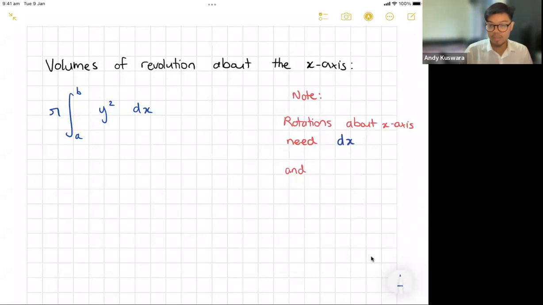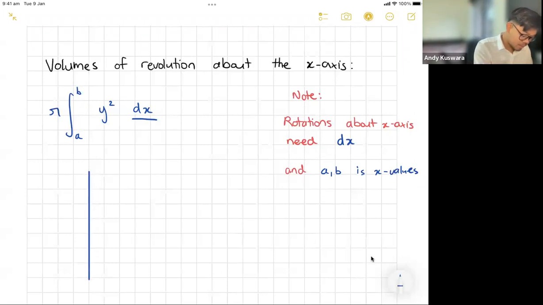So if you're rotating about the x-axis, I need to see a dx. And I also need A and B to be your x values. Okay. So very simple, very similar to the example we did before.